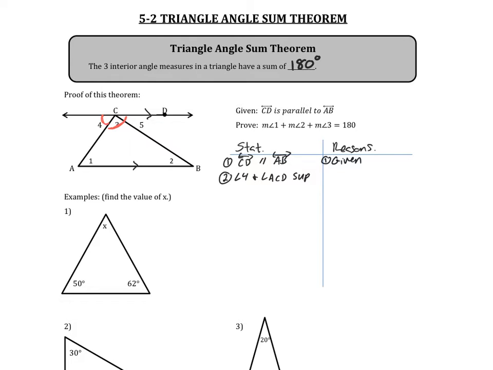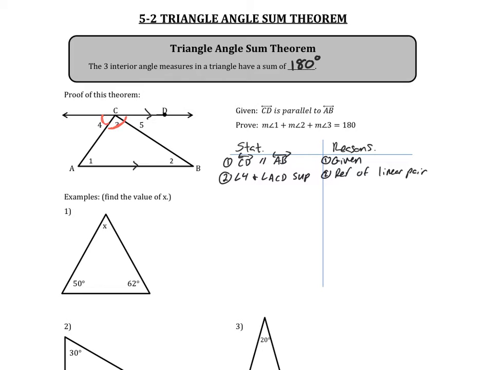Why do I know that? Well, that's the definition of a linear pair. So all I'm doing is logically following from some knowledge that I was given, and then using things that we've already proven to try to come up with something new.